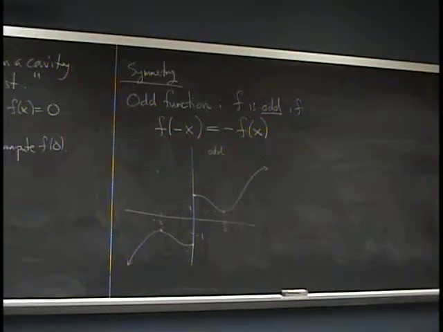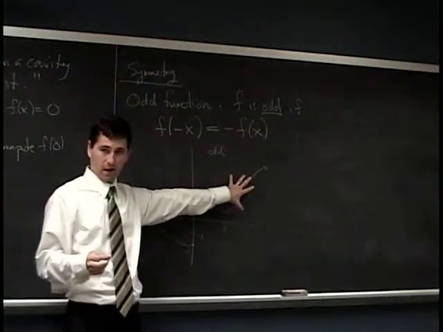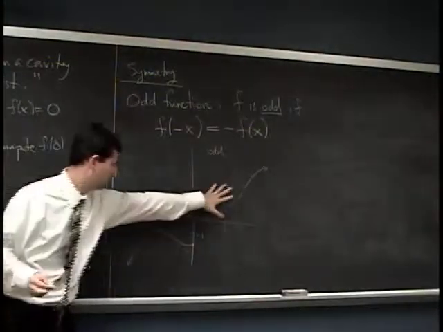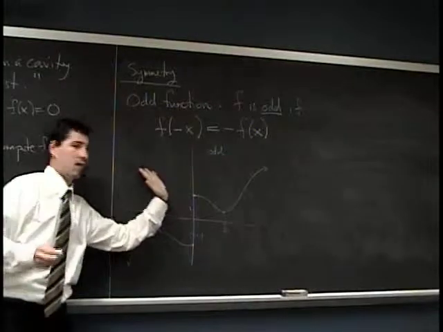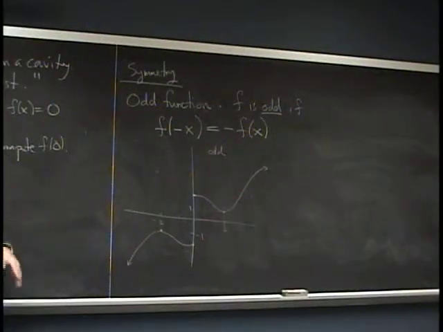Well, yeah. So if you know half of an odd function, you can get the other half of the graph just by flipping it across and flipping it down. That's somehow the easiest thing.